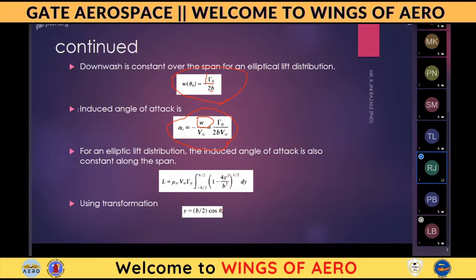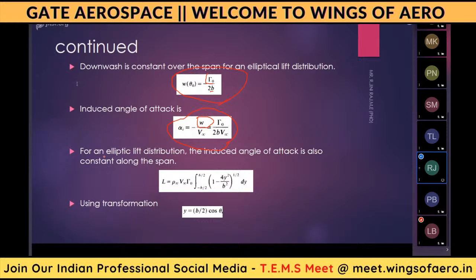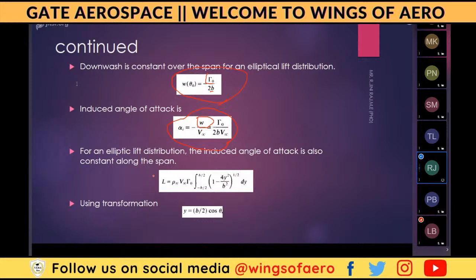Then, for an elliptical lift distribution, the induced angle of attack is also constant along the span. Note these things: no matter the position along the span, it remains constant.